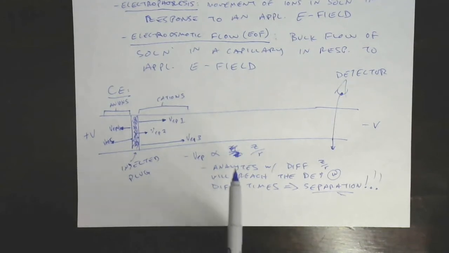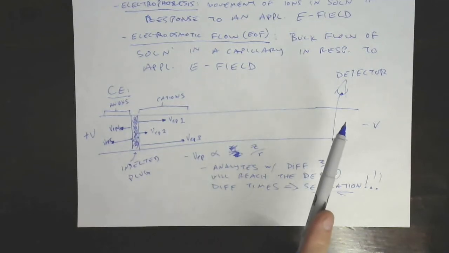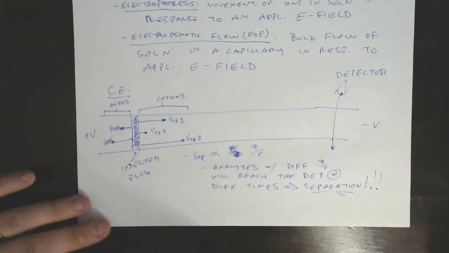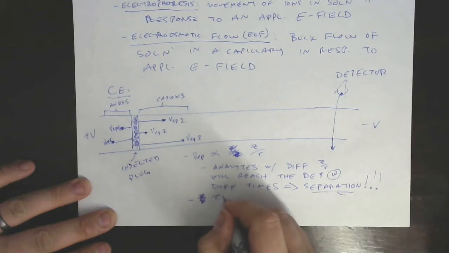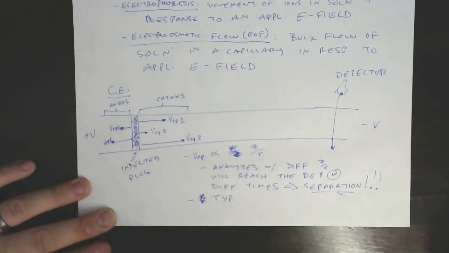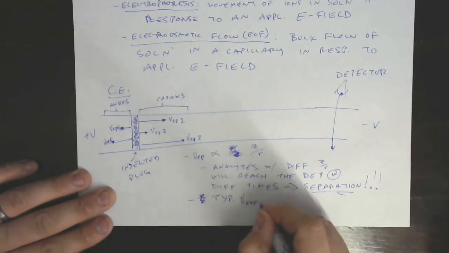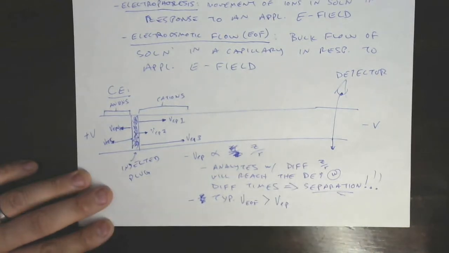Okay, but the way this picture is drawn, it suggests that only our cations are ever going to see our detector, and our anions never will because they're going in the wrong direction. And this is where our good friend electroosmotic flow comes in, because typically, and we're going to see a little bit later when this would not be true, the velocity of electroosmotic flow, V sub EOF, is quite a bit larger than these electrophoretic velocities.